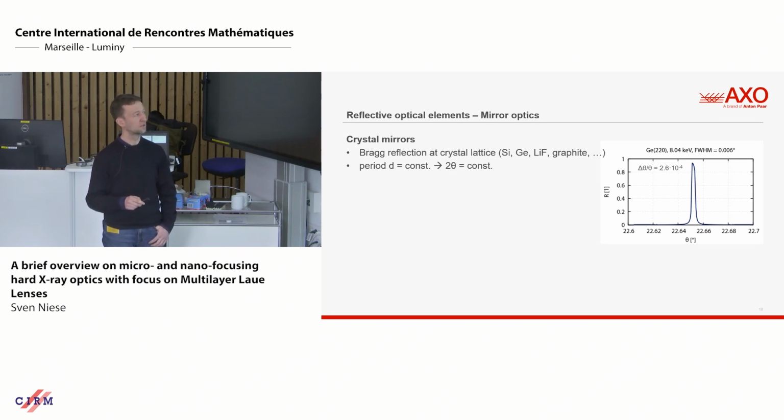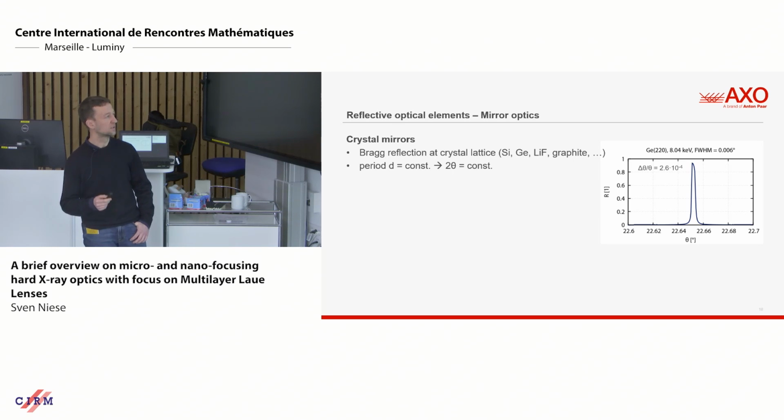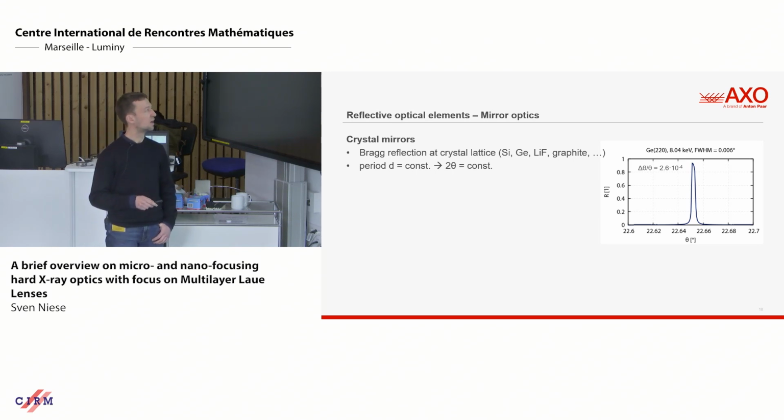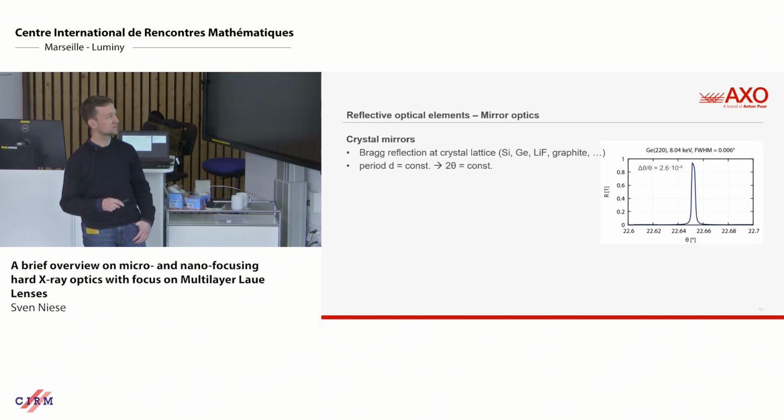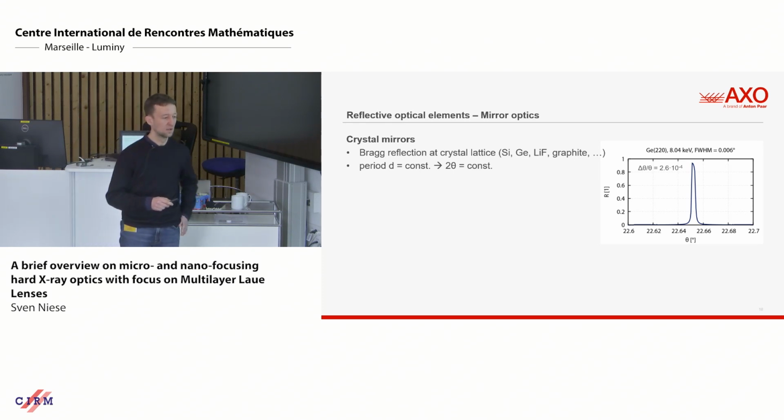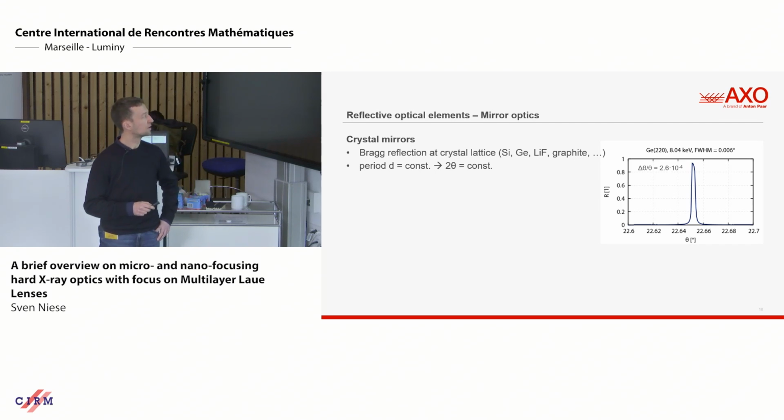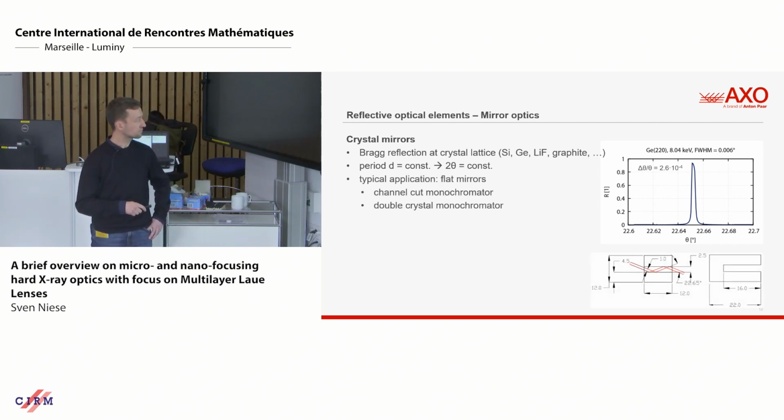Therefore, delta theta over theta is in the 10 to the minus 4 range. For crystals, mostly you need to live with a constant period thickness. That means also that your Bragg angle doesn't change.